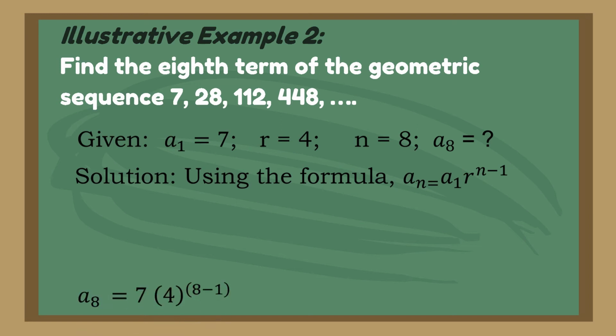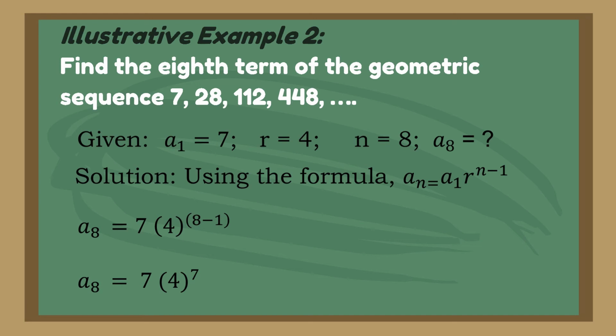Using the formula, substitute the values. So we have a sub 8 is equivalent to 7 times 4 raised to 8 minus 1. So 8 minus 1, we have 7. So we have 7 times 4 raised to 7, which is equivalent to 16,384. Therefore, 7 times 16,384, we have 114,688.